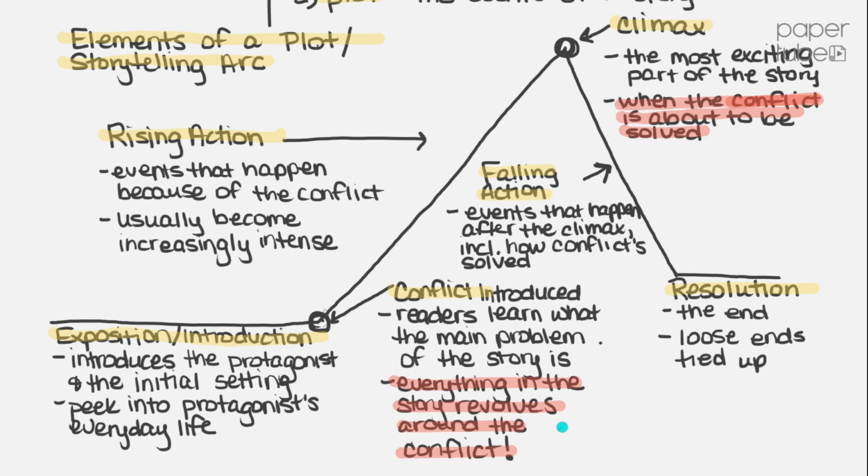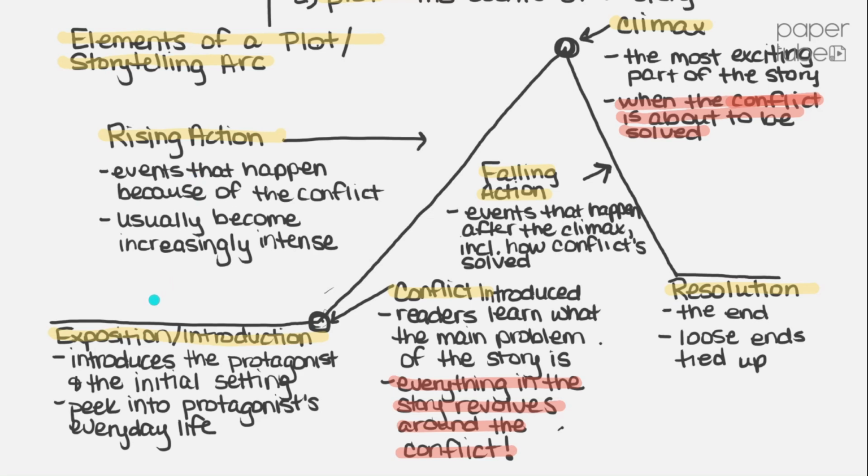The events that happen afterwards are events where the problem is increasing in some way and the protagonist is trying to do something about it. So after the conflict has been introduced, then we have this uphill slope here where we have what we call rising action.